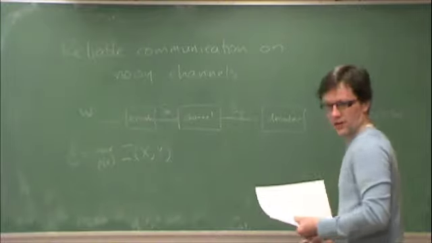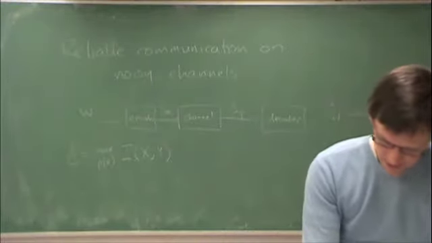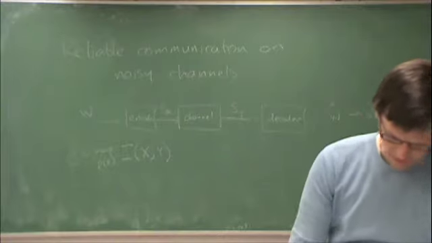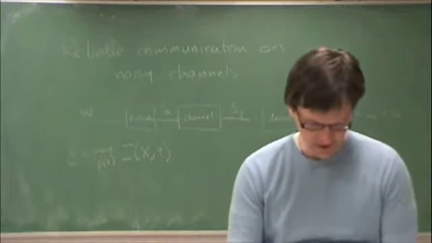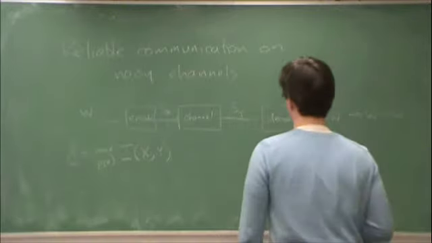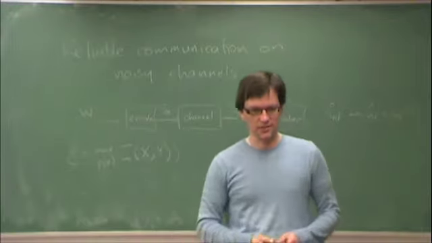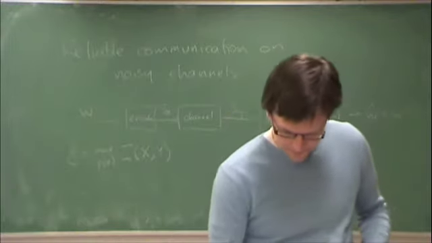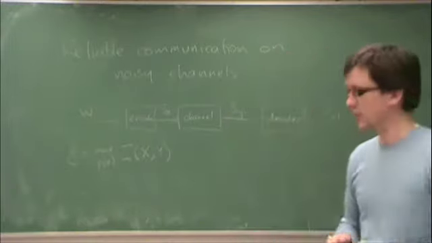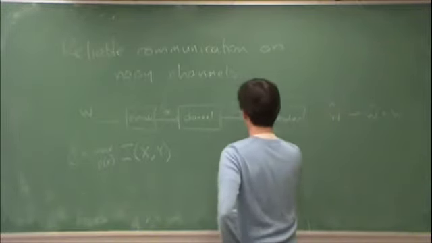Let's show one final example of mutual information before we start on what we're going to talk about today, which is to basically introduce the important definitions and mathematical machinery we need to prove that this statement is true. So I just presented that statement without proof. Last time we saw examples of the noiseless channel.